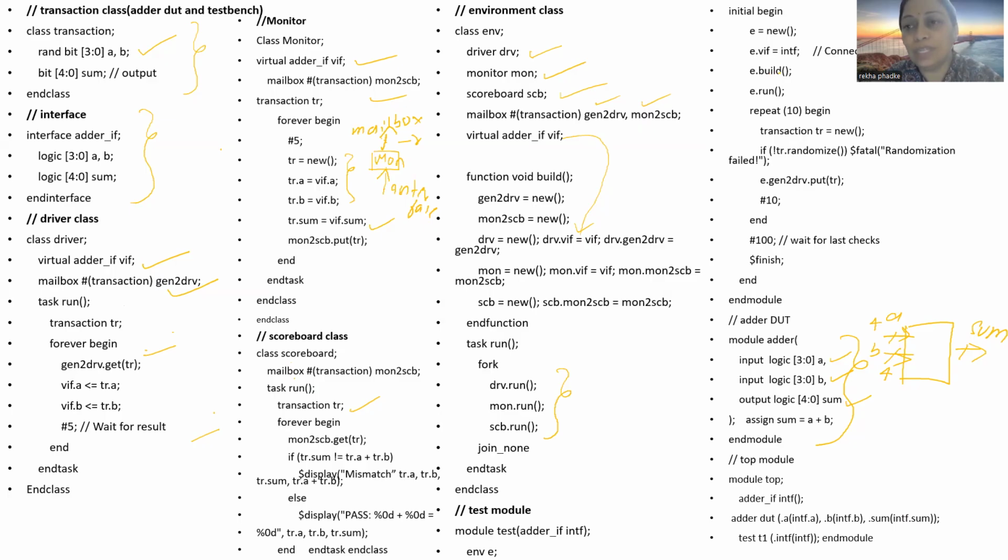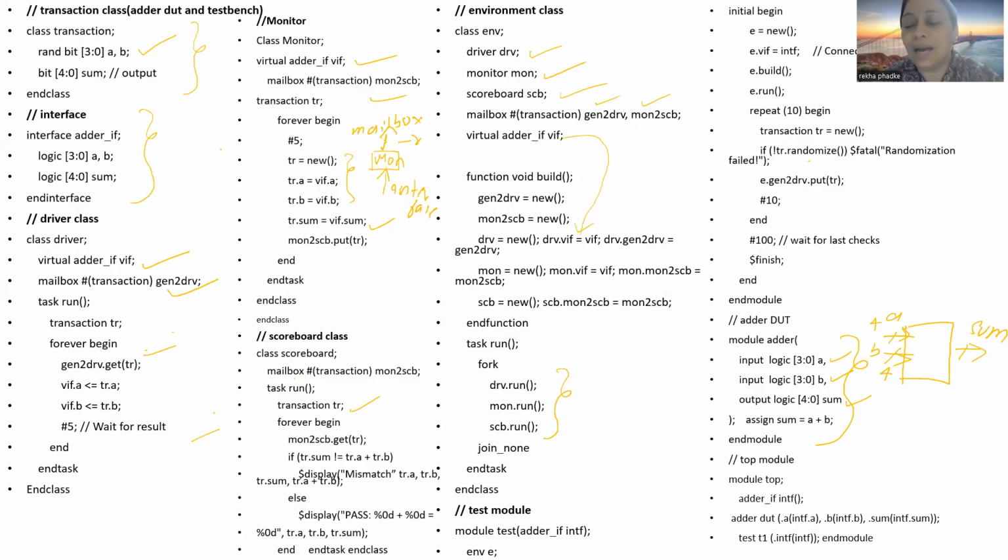When I do E.build, I'm actually allocating memory for all these components that get invoked. E.run will invoke all the classes, and they run parallelly. Then I also generate 10 different test cases using repeat of 10, by taking transaction packets: transaction tr is new. Every time I call the constructor of transaction, one object of tr gets initialized.